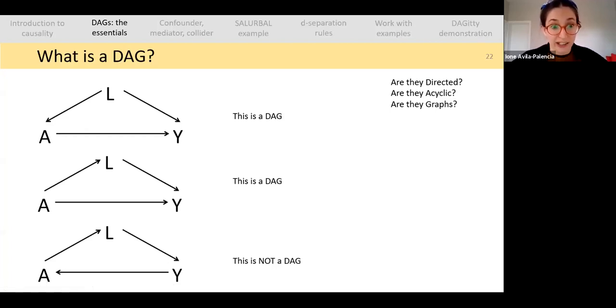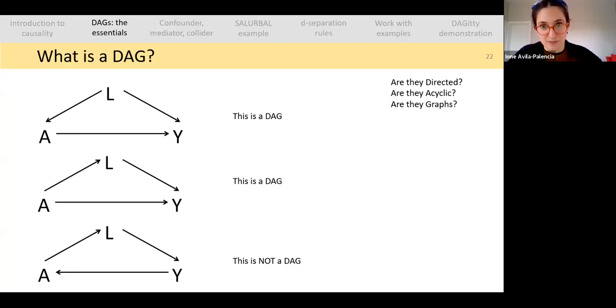Well, in this case, we cannot say that this last one is a DAG, because it is cyclic. We have a loop here. Using the node terminology that I already explained, if we take A as a reference, A has one child, which is L, but at the same time, L is an ancestor of A. This is the same as saying that your child is your grandparent.